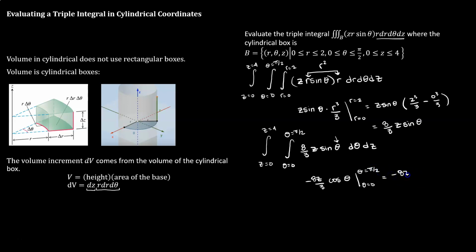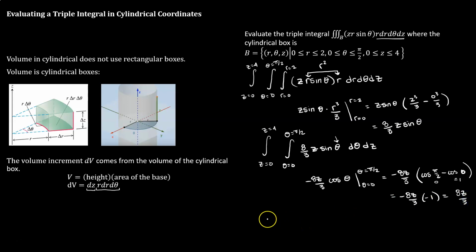So I have negative 8z over 3 times cosine pi over 2 minus cosine 0. Cosine at 0 is equal to 1. Cosine at pi over 2 is equal to 0. So we get negative 8z over 3 times negative 1, which is really just 8z over 3.